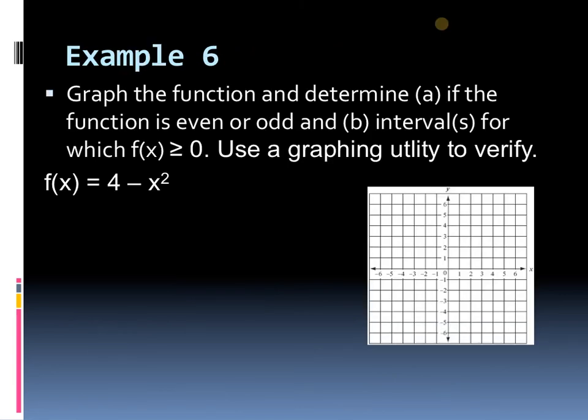All right, last one. It says graph the function and determine if the function is even or odd, and the intervals for which f of x is greater than or equal to 0, and then use the graphing utility to verify. So I'm going to save us a little bit of time in the graphing, okay? But if you think about what this shape is, so 1.4 is all about transformations.